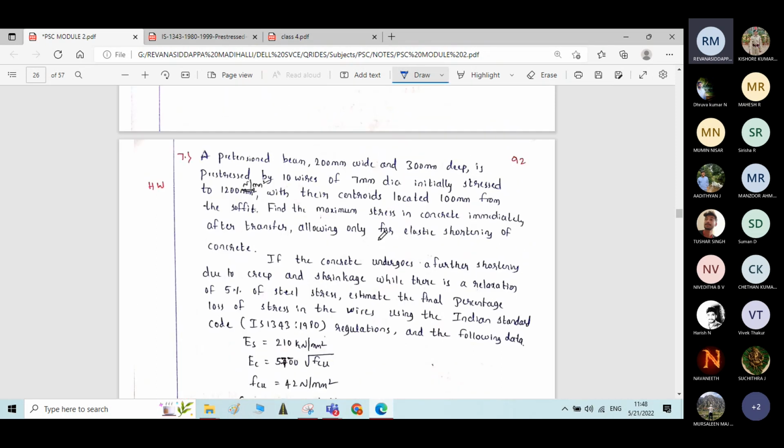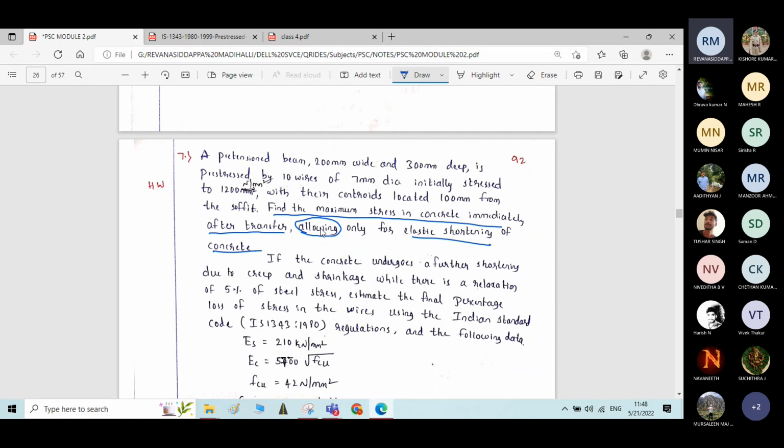Here at the beginning, what it says is find the maximum stress in concrete immediately after transfer, allowing only for elastic shortening of concrete. Means for the calculation, you need to take initial pre-stress minus loss due to elastic shortening as the initial pre-stress.